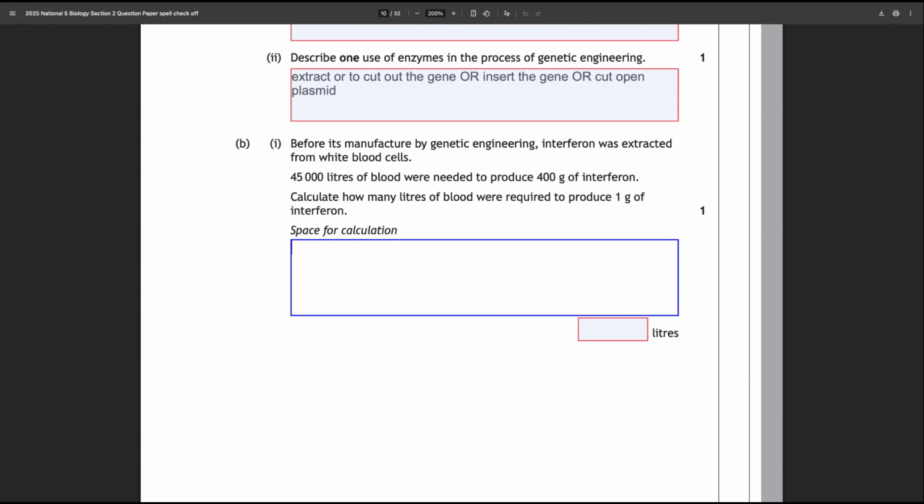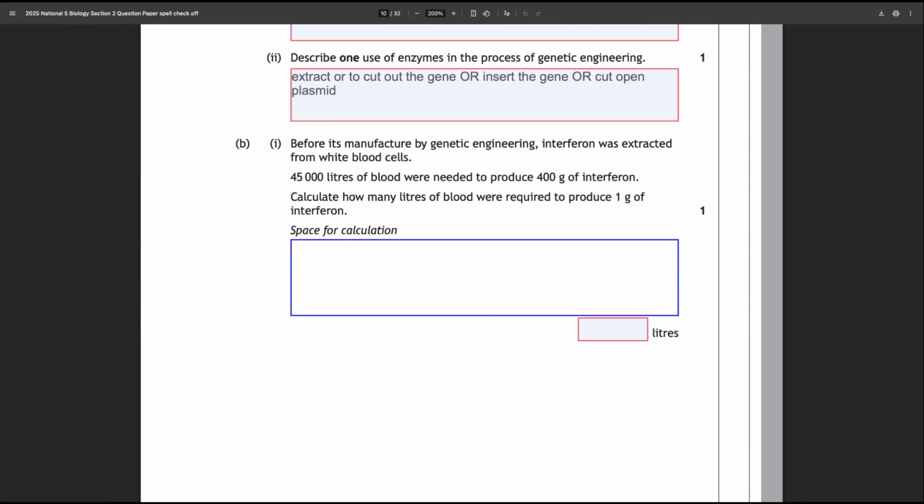B, part 1. Before it's manufactured by genetic engineering, interferon was extracted from white blood cells. 35,000 litres of blood were needed to produce 400 grams of interferon. Calculate how many litres of blood were required to produce 1 gram of interferon. Okay, so what we're going to do here is we know how many litres of blood are needed for 400 grams of interferon, but we want to know how many would be needed for 1 gram of interferon.